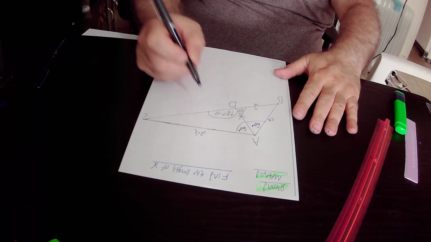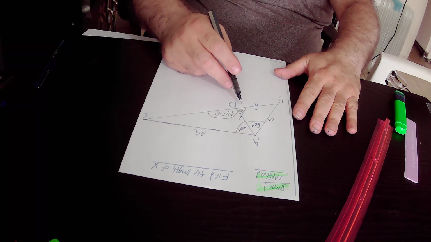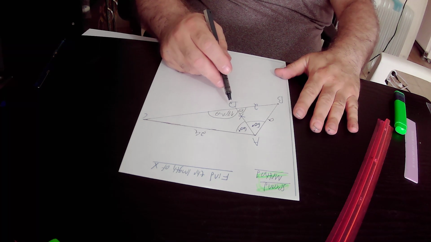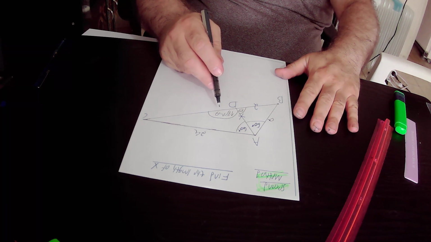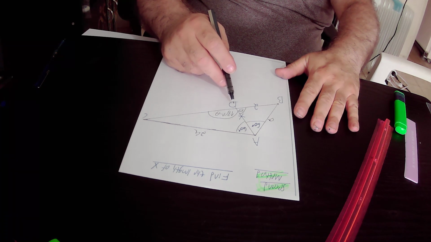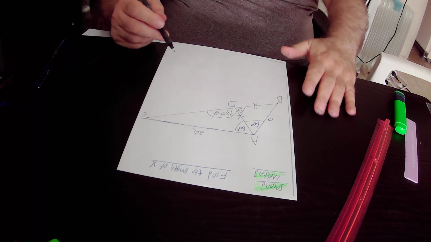Repeat again, BC is a straight line, therefore if this angle equals theta, this angle must be equal to 180 degrees minus theta, because theta plus 180 degrees minus theta equals 180 degrees, and this obeys the rule that the sum of the angles on one side of a straight line is equal to 180 degrees.